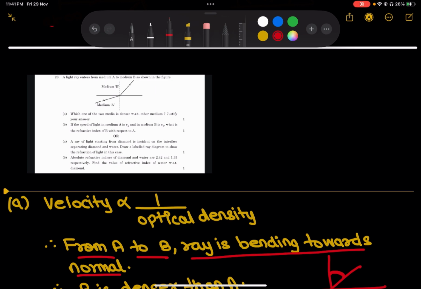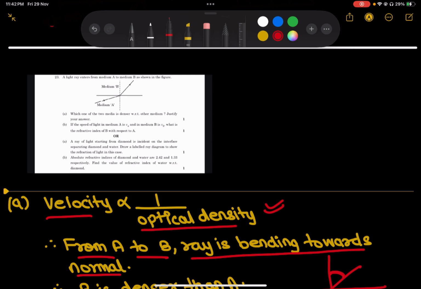Also, velocity is inversely proportional to the optical density. For example, you have glass and you have air. We know that glass is denser than air, and we just want to verify this. We also know that the speed in air is highest. So air is rarer, but the speed in air is highest.